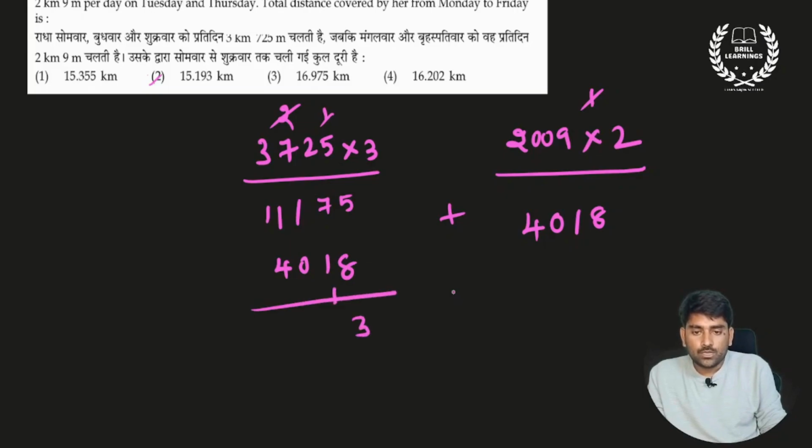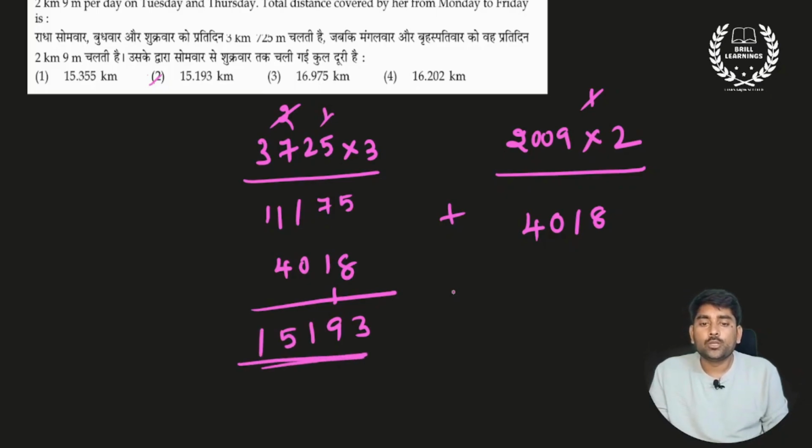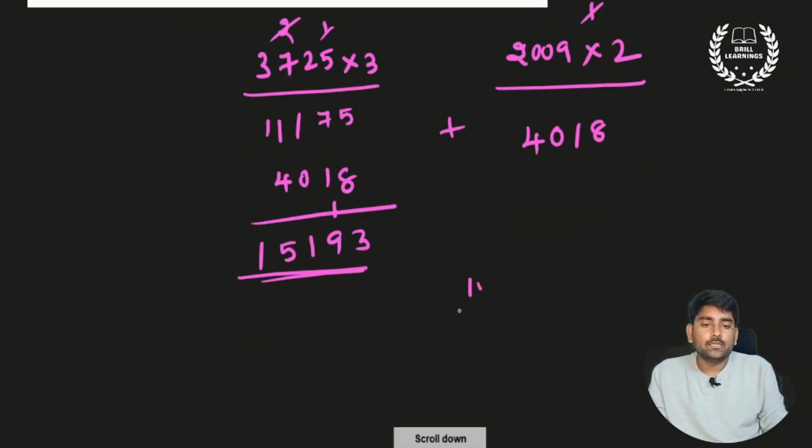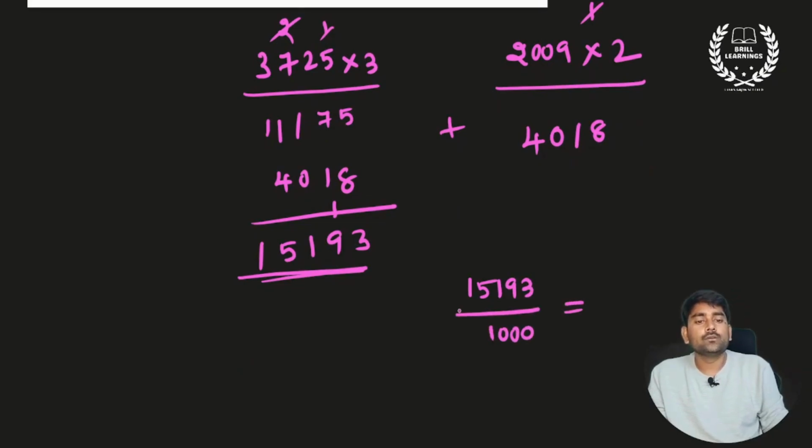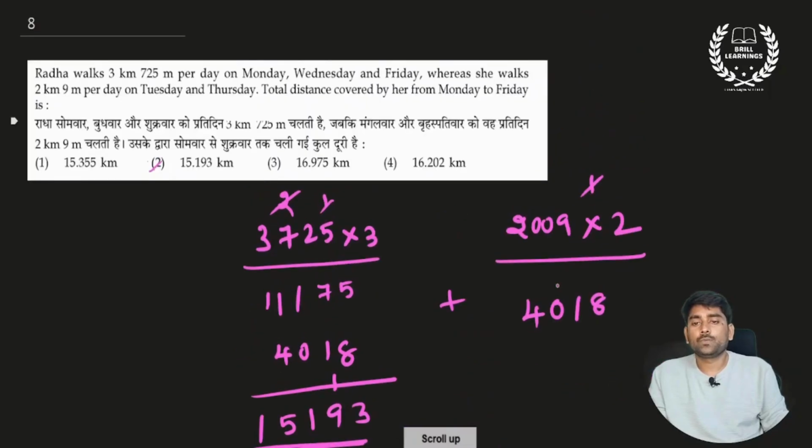So 3 9 1 5 1. But the options are in kilometers, so divide this value by 1000 so that it will be converted into kilometers. Then we will get 15.193 kilometers as our answer. So this is our option.